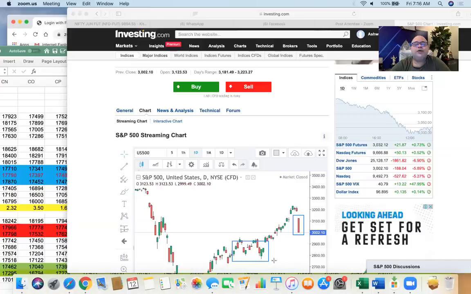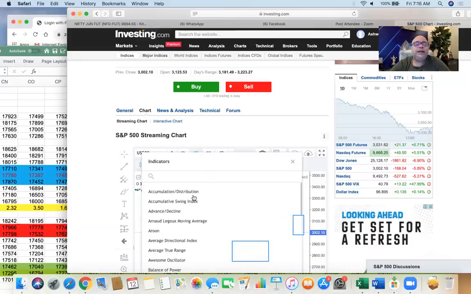The downside of this zone is about 2750. So very likely we come down to 2750, and then we kind of look towards bottoming out.